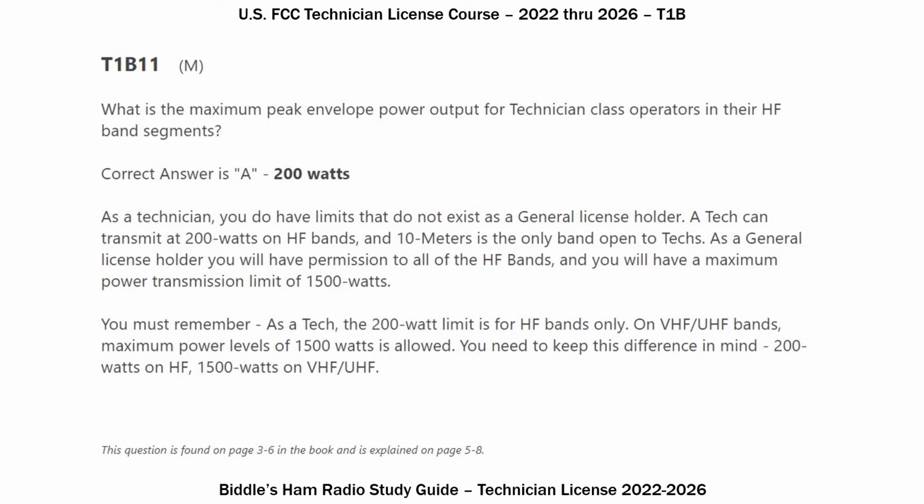You must remember, as a tech, the 200 watt limit is for HF bands only. On VHF, UHF bands, maximum power levels of 1500 watts are allowed. You'll need to keep this difference in mind. 200 watts on HF, 1500 watts on VHF, UHF.